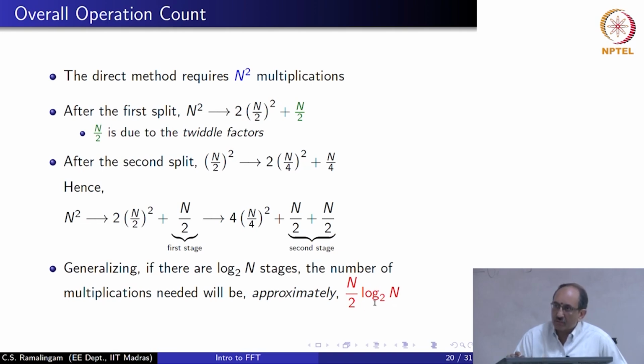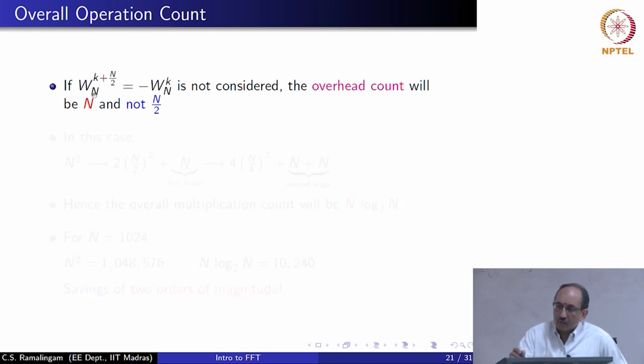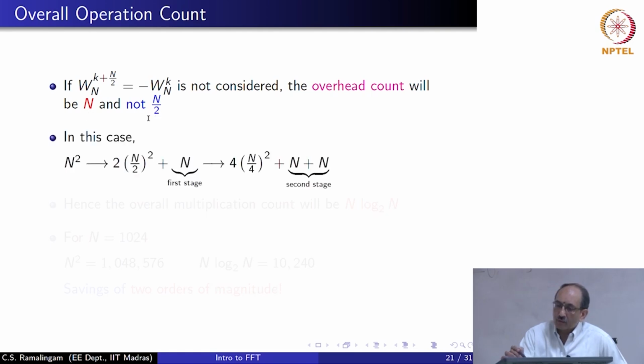To see where that comes from, if you do not realize that k plus n by 2 is really minus w suffix n power k, then the overall overhead count will be n and not n by 2, and hence this is how the progression looks, and hence the overall count will be n log n. This is what typically you will find in the literature.